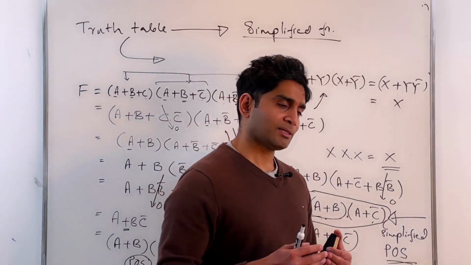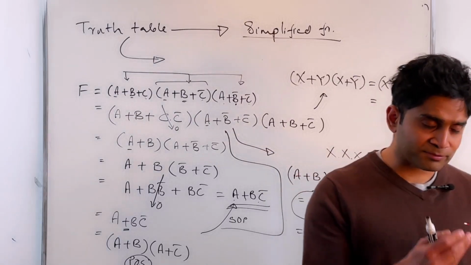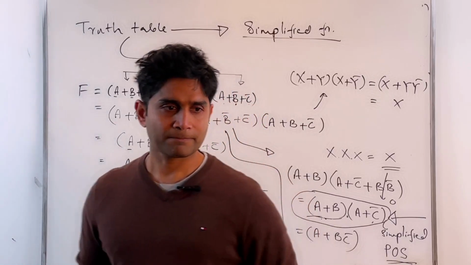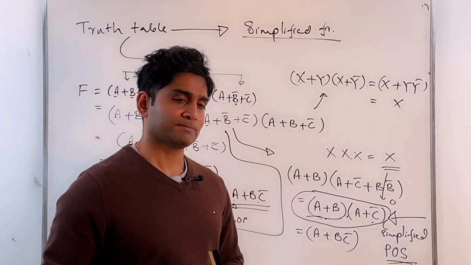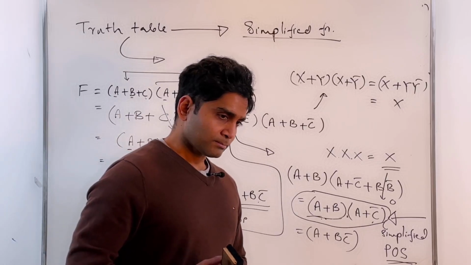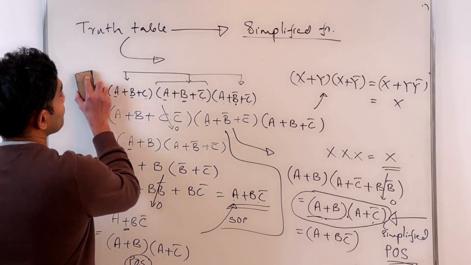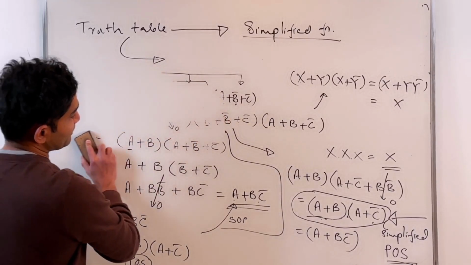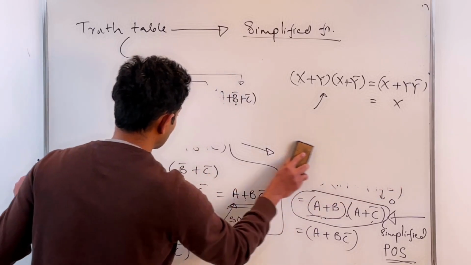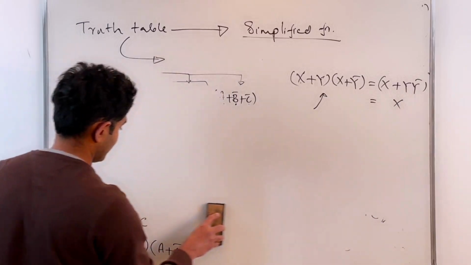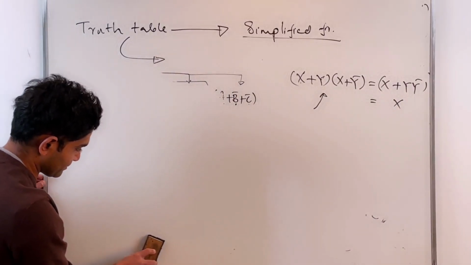We also looked at how to go from a canonical product of sums to the simplified product of sums expressions using Boolean identities. Okay. All right. So that's good. If you don't have any other questions, now there is another way of doing simplification, much faster and much more easily, than using Boolean identities.